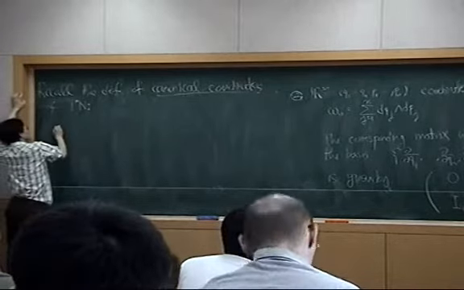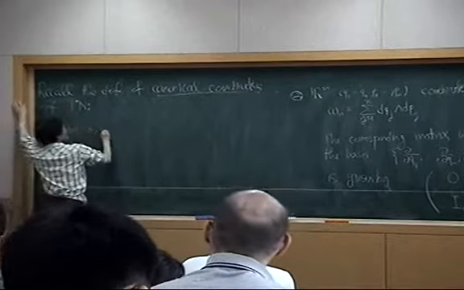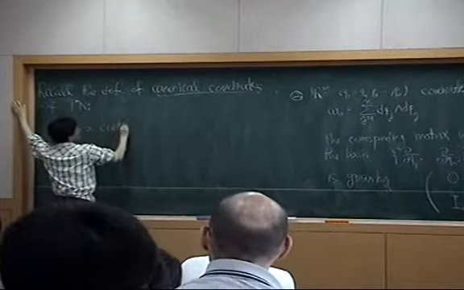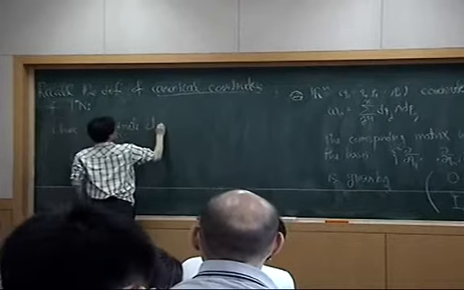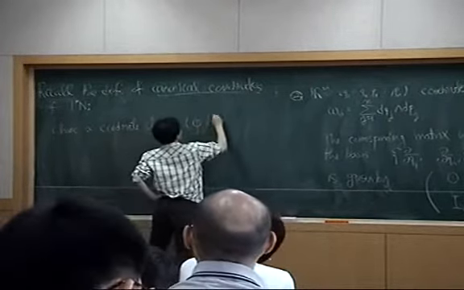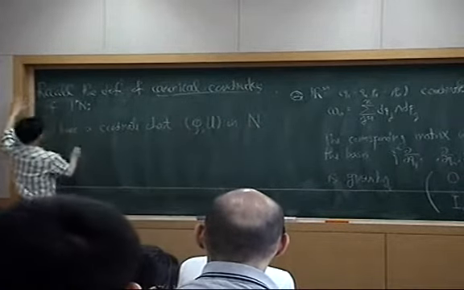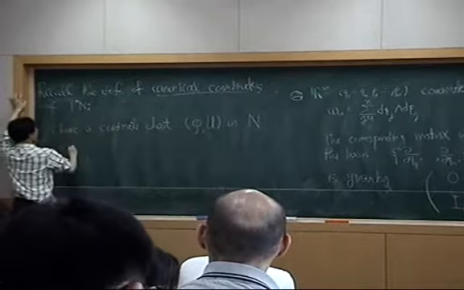Now we choose a coordinate chart, let's say phi on U in this manifold. And phi is a mapping.